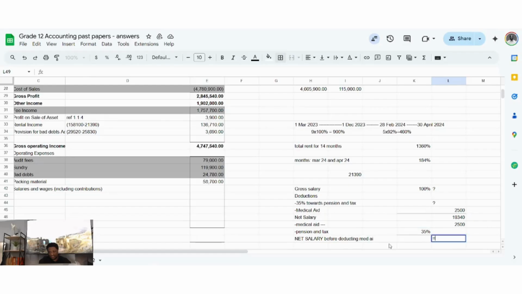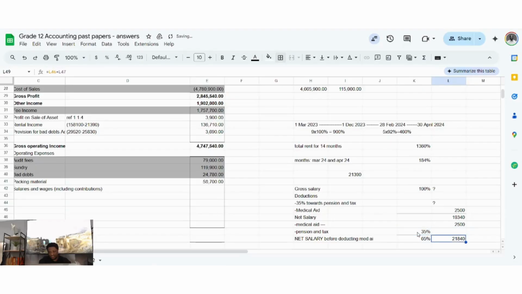And so that would work out to 19,340 plus 225. And what is this amount? Well, this amount is basically our 65%, because if this is 100%, and these deductions are 35%, then this would work out to 65%.